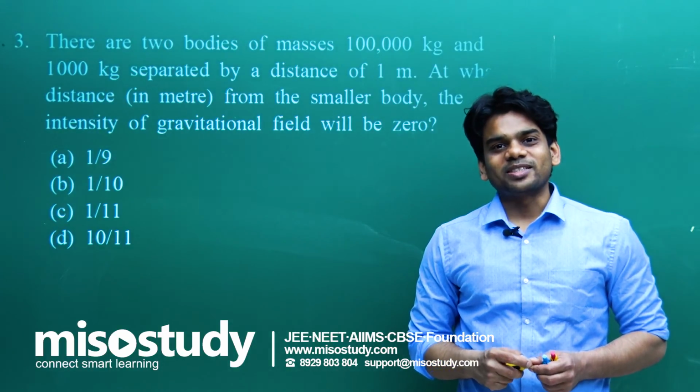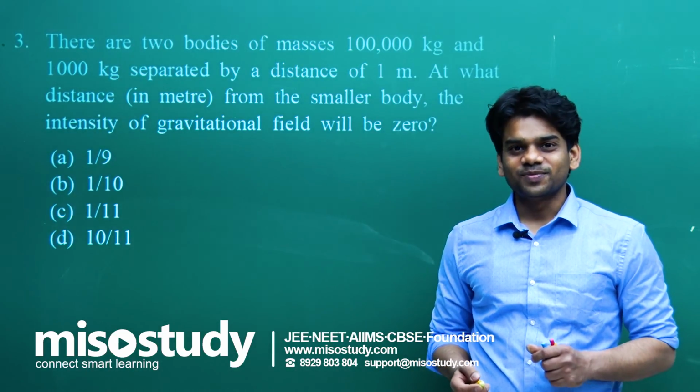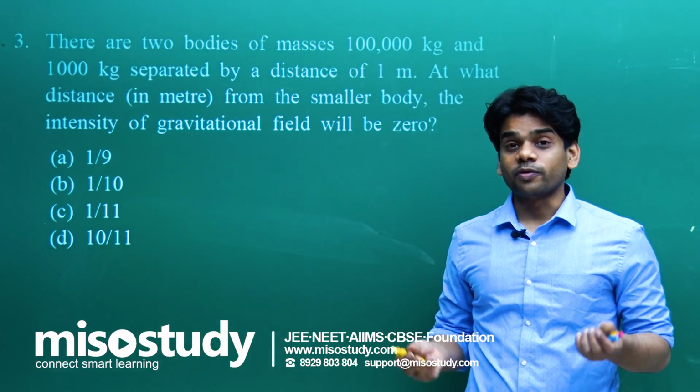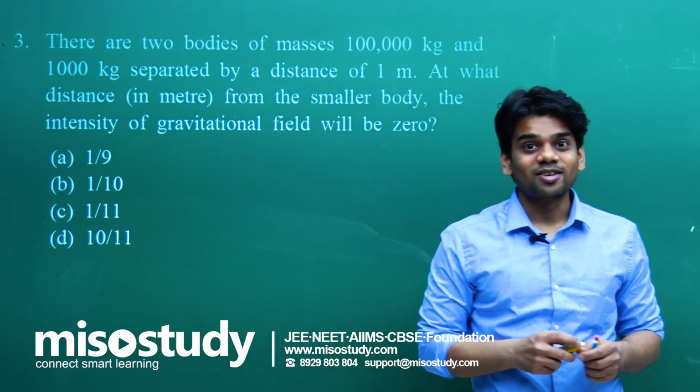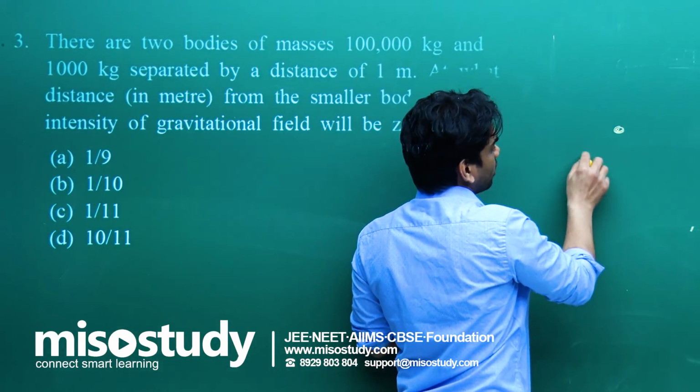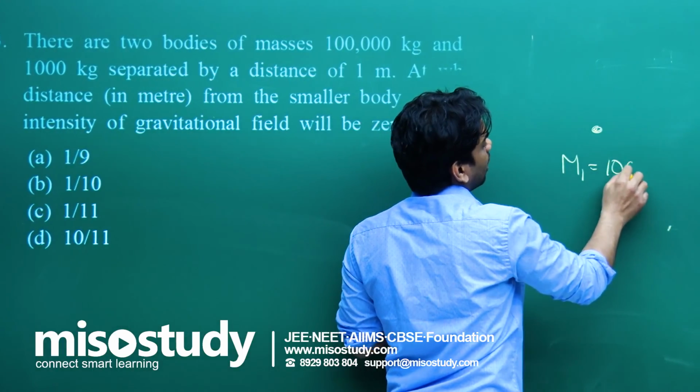Now it's given that the masses are 1000 kg and 100,000 kg. It's not given whether they are point masses or not, so we have to treat both as point masses, although they are of huge mass. M1, the first mass, is 1000 kg.